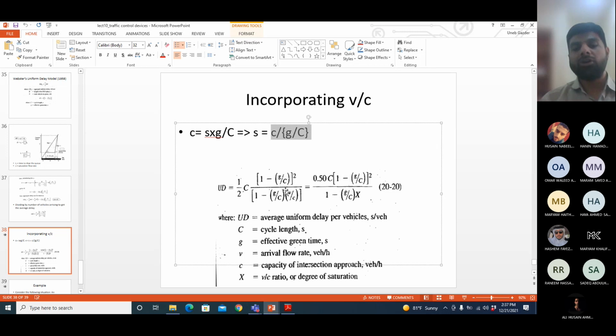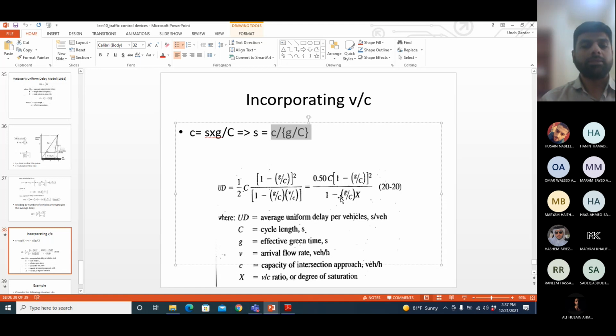And the V by C ratio, as we did in the roundabout delay equation, can be represented as X. So what is X? V by C ratio.